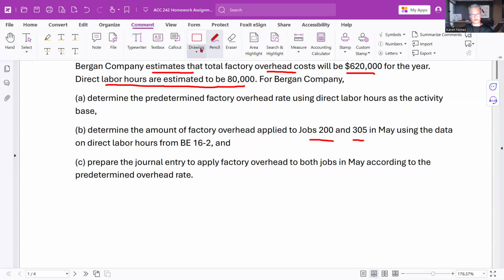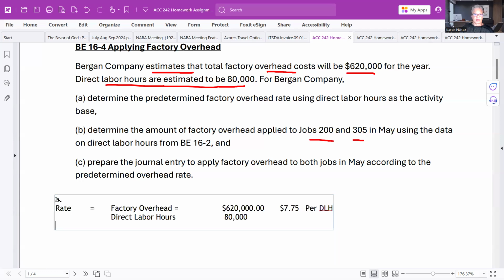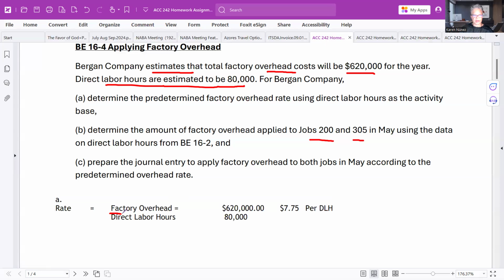So let's find our rate. In A, we're going to take the estimated factory overhead over the estimated direct labor hours. $620,000 of overhead over 80,000 direct labor hours gives us our rate.